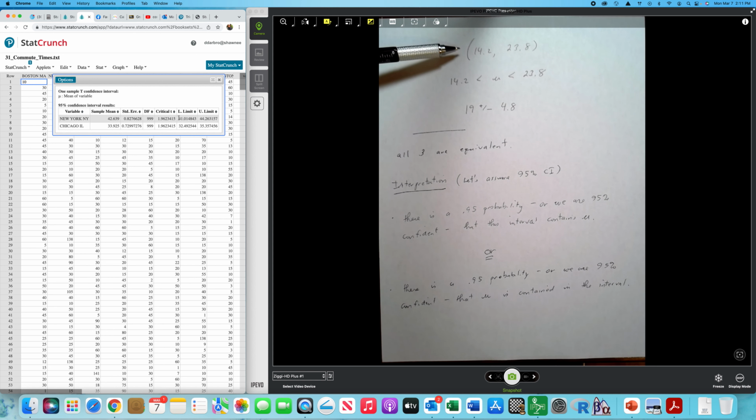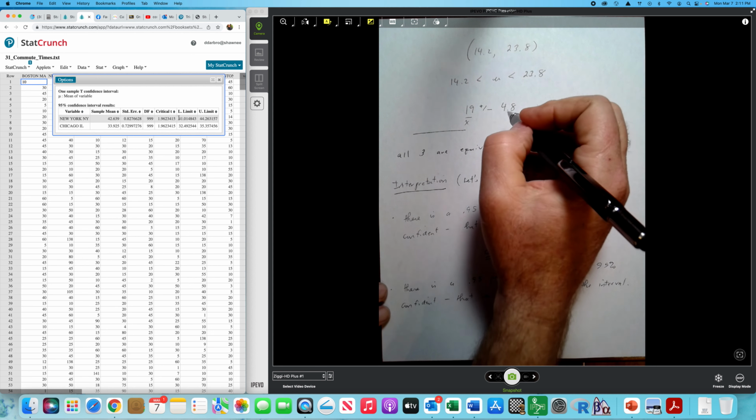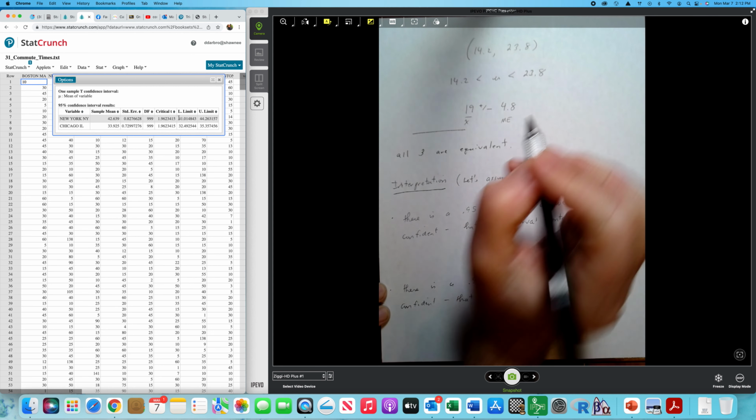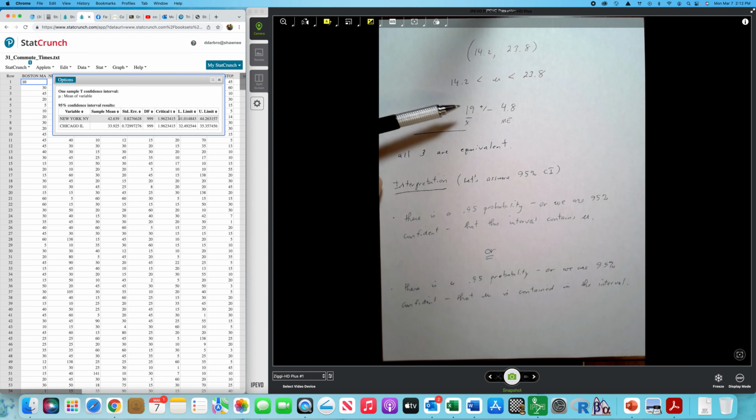So first of all, before we get into the interpretations, remember, if we have a confidence interval like this, it is equivalently presented like this, where X bar is our 19, and this is our margin of error. Go ahead and test it out, and you can see that 19 lies in the center, and 4.8 is the margin of error.